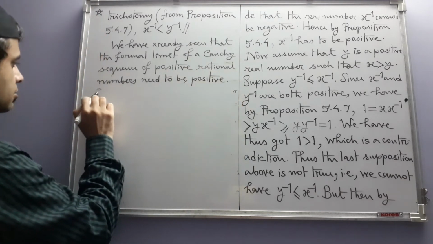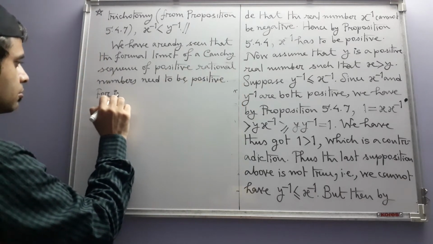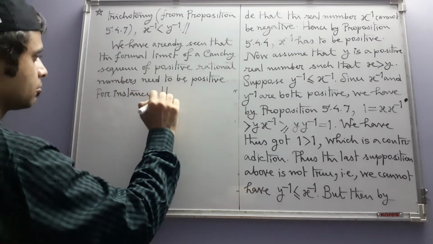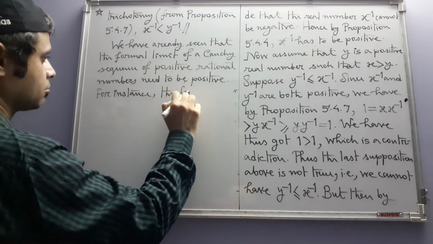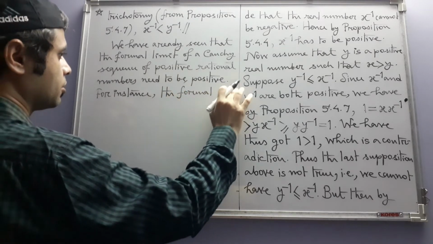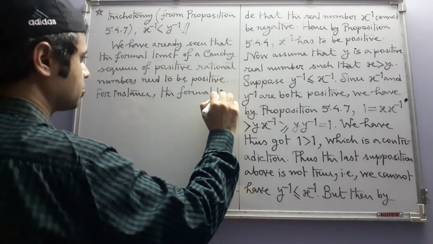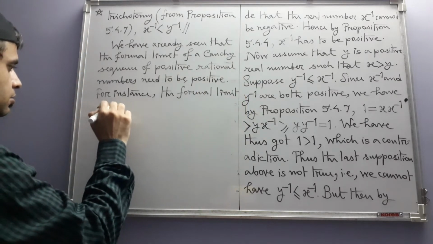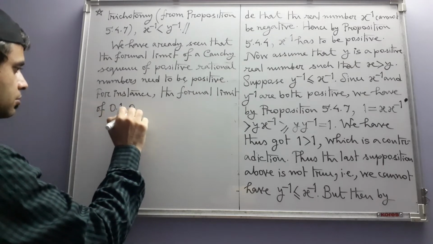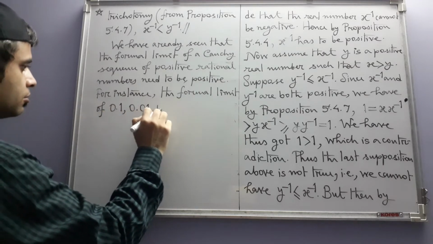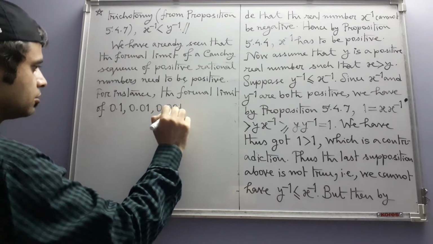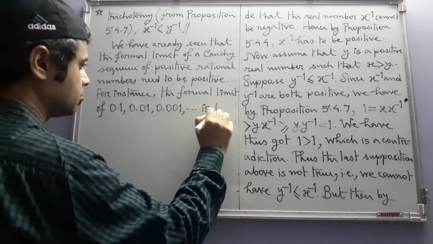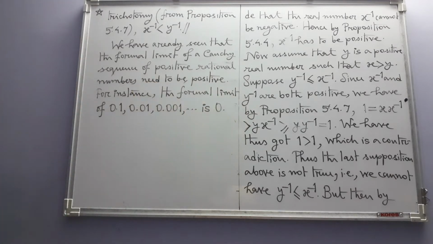For instance, the formal limit of this sequence 0.1, 0.01, 0.001, etc. is the real number 0.